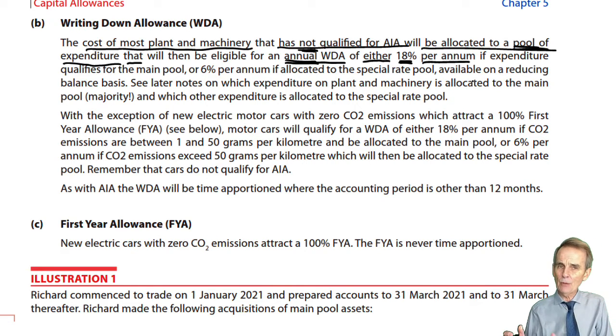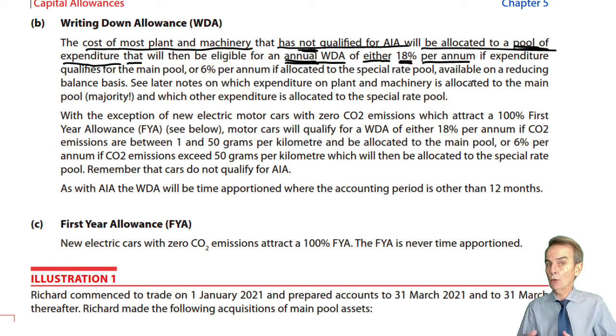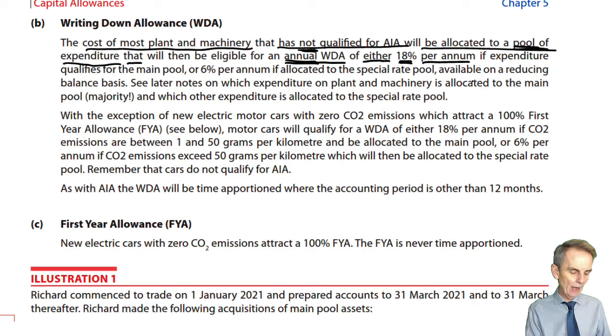So if again it was a 6-month period, the 18% per annum figure would be times 6/12. You time apportion based on the length of that period of account, the accounting period in which the asset was bought. We do not time apportion either AIA or WDA on the date when you bought the asset within the period.